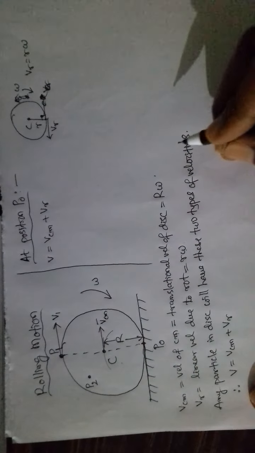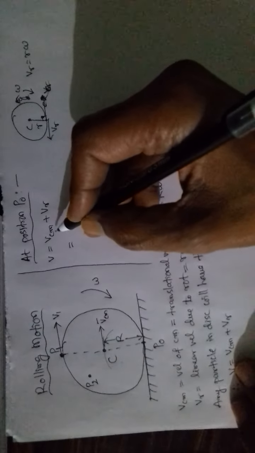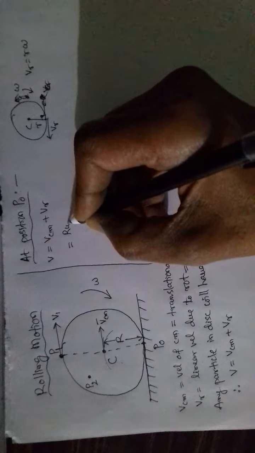At any position, whether it is P0, P1 or P2, the velocity of a particle is the sum of VCM and VR. Here VCM is moving to the right hand side. Therefore VCM is equal to plus R omega, plus because it is to the right hand side.